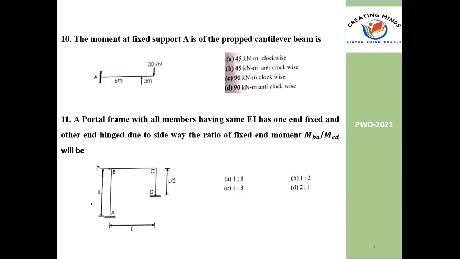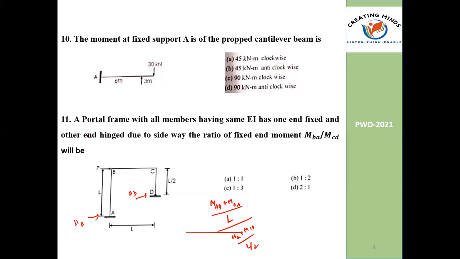So you take HA, take HD. So this is asking HA by HD, which means MAB plus MBA divided by L, divided by MDC plus MCD divided by L by 2.